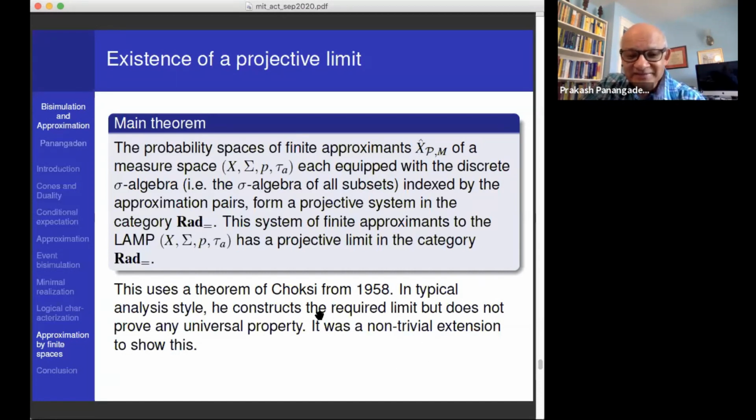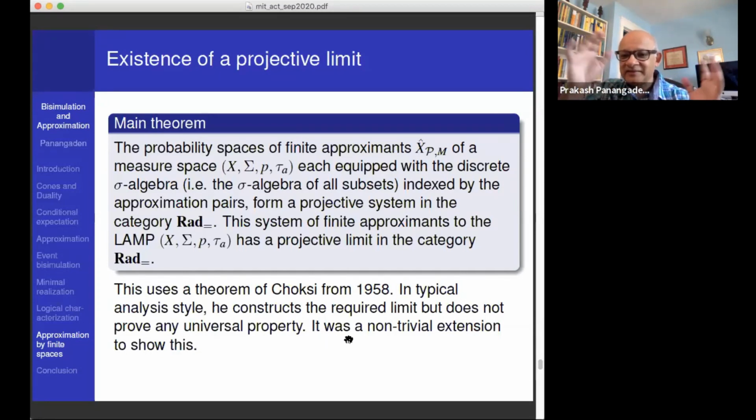But anyway, Choksi's theorem from 1958 was called a projective limit of compact Hausdorff spaces. And if you look at what he proves, he constructs the required limit. So we were very grateful for that, but he does not prove the universal property that we should have proved. So we had to do that.